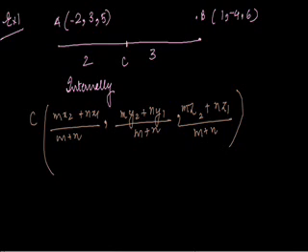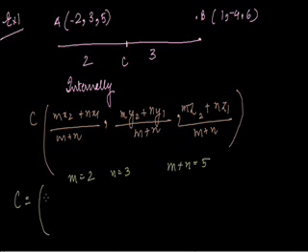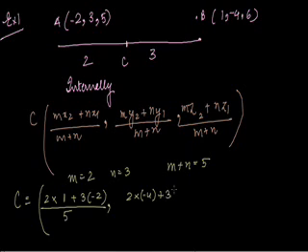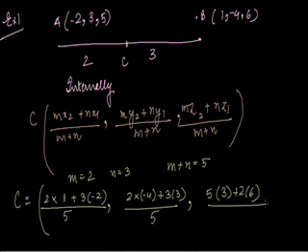So the value of m is equal to 2, n is equal to 3, m plus n equals 5. So coordinate C will be (2 into 1 plus 3 into minus 2) upon 5, comma, (2 into minus 4 plus 3 into 3) upon 5, comma, (5 into 3 plus 2 into 6) upon 5.